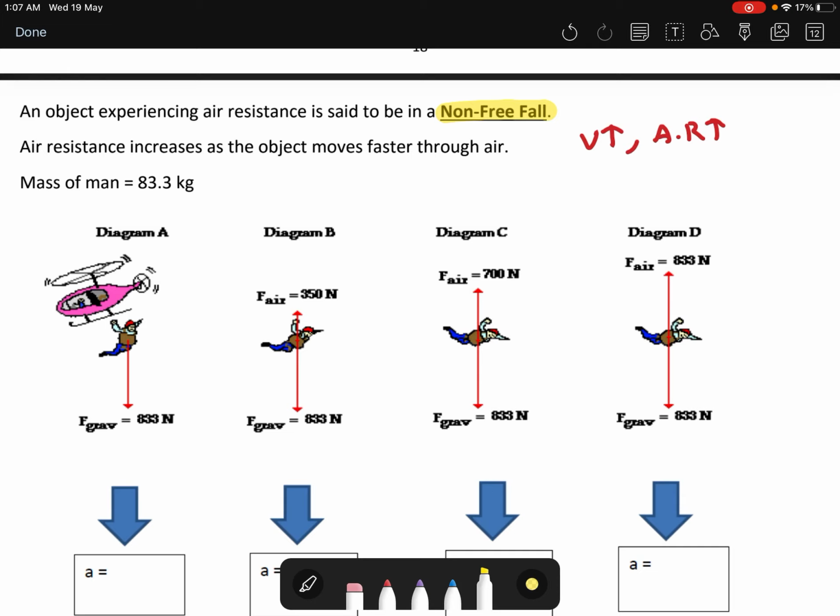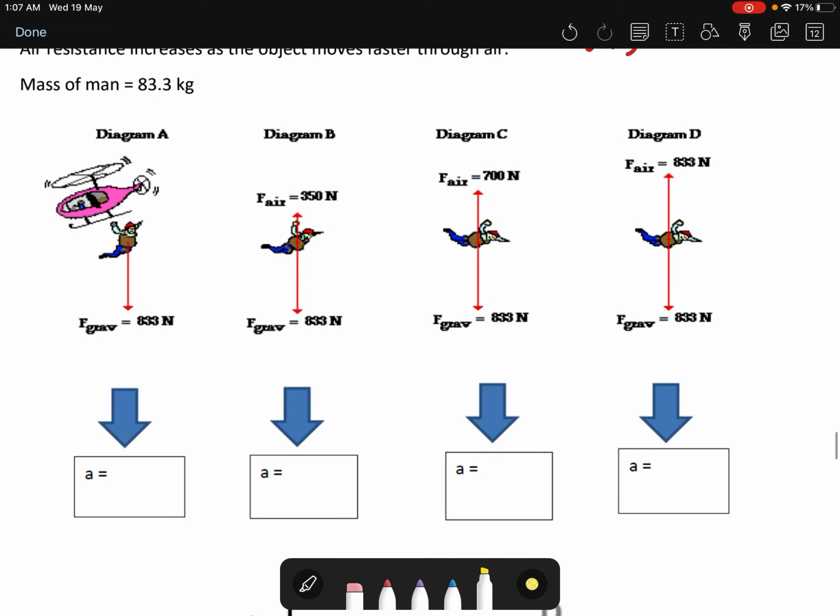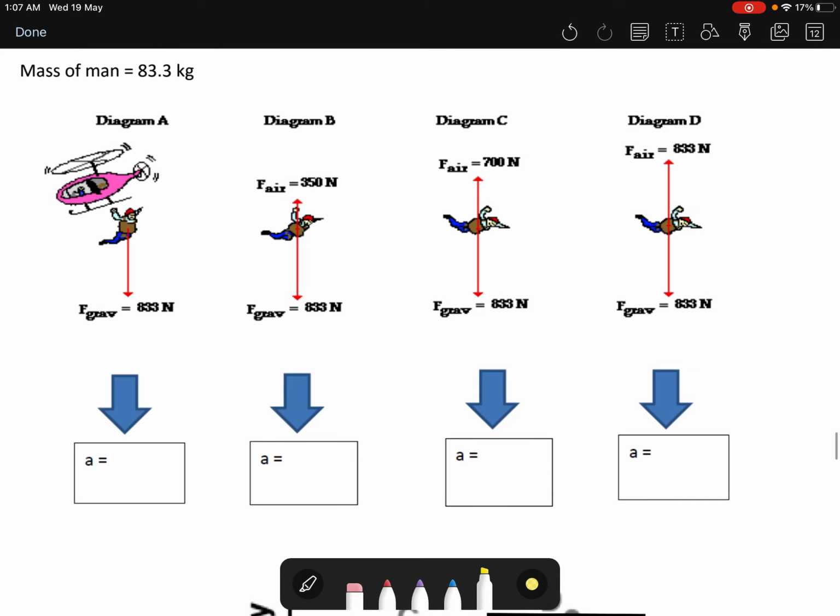Let's take a look at this diagram. I have 4 diagrams. This man, of about 83.3 kg, dropped from a helicopter. At the instant where he jumped, the only force acting on him is the weight, 833 Newton, and there is no resistance.